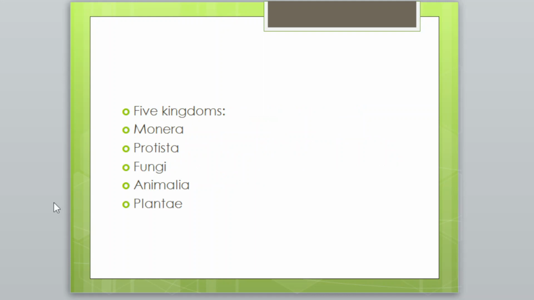Now, these observations eventually led to the development of a classification scheme that divided organisms into 5 kingdoms: Monera, Protista, Fungi, Animalia and Plantae.